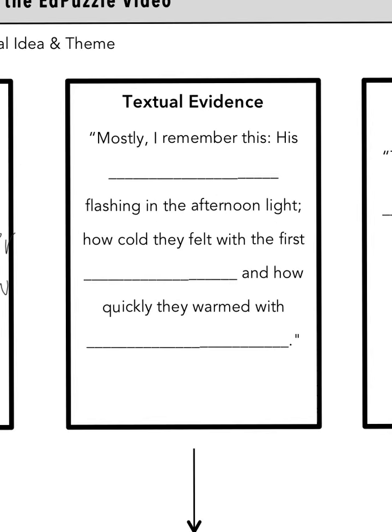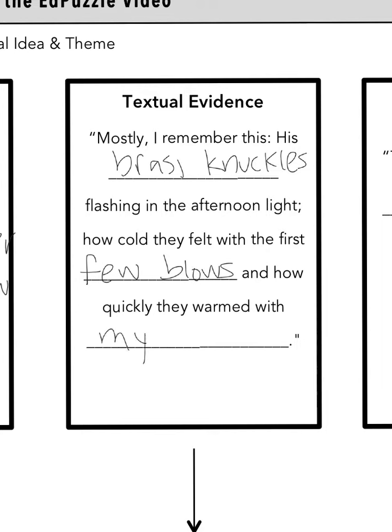Our next piece of evidence, mostly I remember this. His brass knuckles flashing in the afternoon light, how cold they felt with the first few blows, and how quickly they warmed with my blood.